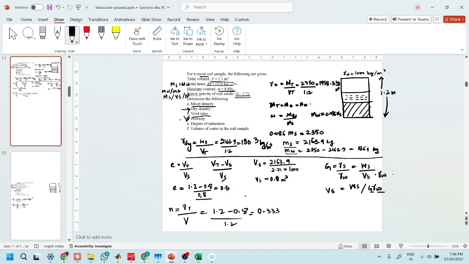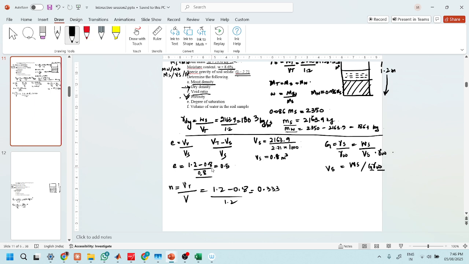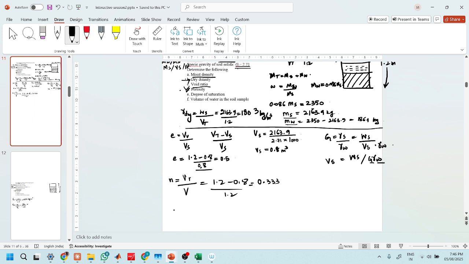The next thing is we want to calculate the degree of saturation. Degree of saturation tells us the quantity of voids that is filled with water. So this is volume of water over volume of voids. Volume of water we can simply know by gamma W equals weight of water over volume of water.